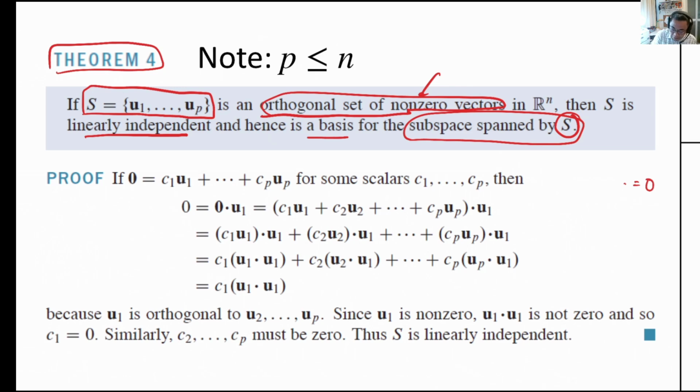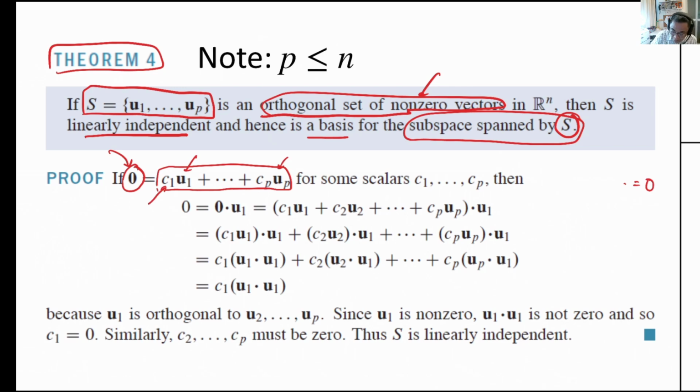The proof follows the following strategy. On the left hand side, we have the zero vector, and we say that the zero vector can be formed by some linear combination of u1 to up.